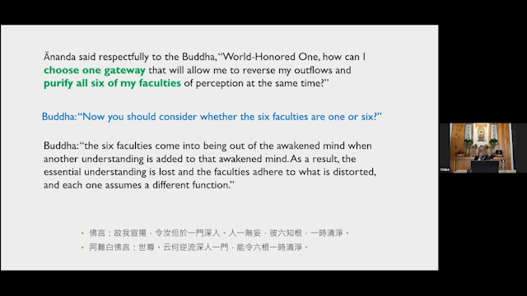And Buddha says something very important here: the six faculties come into being out of the awakened mind when another understanding is added to that awakened mind. As a result, the essential understanding is lost, and the faculties adhere to what is distorted, and each one assumes a different function.